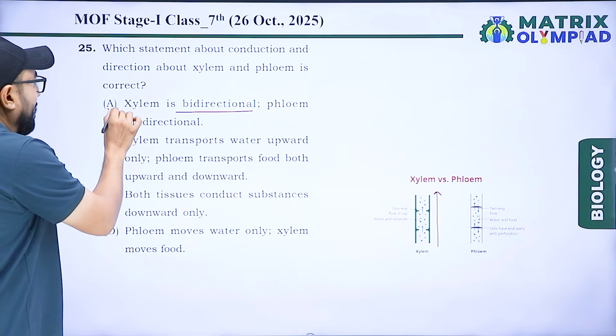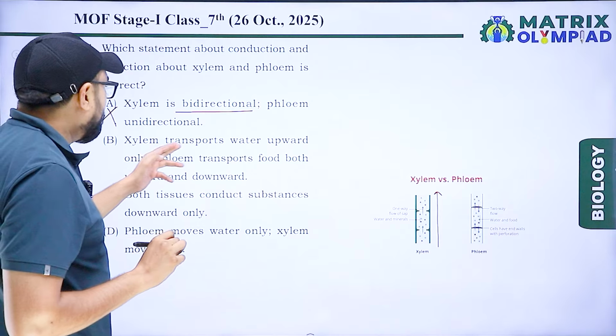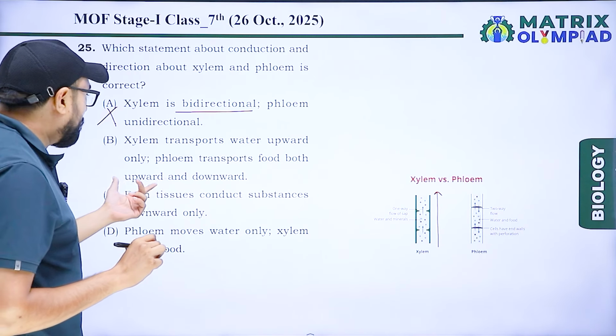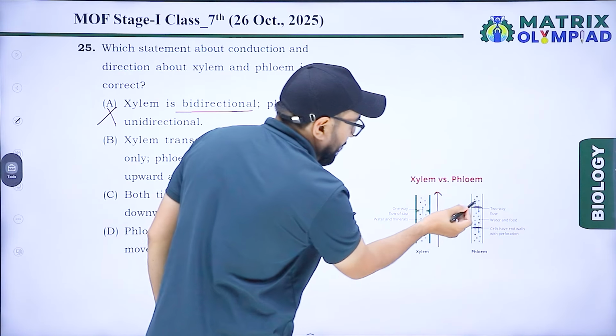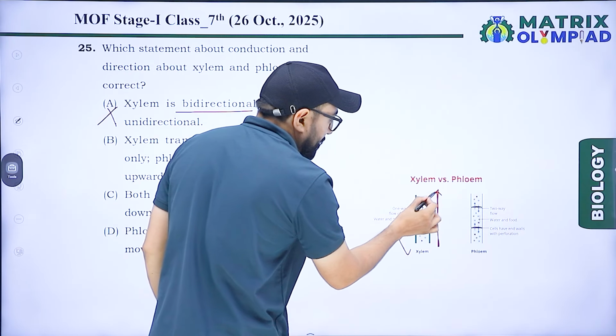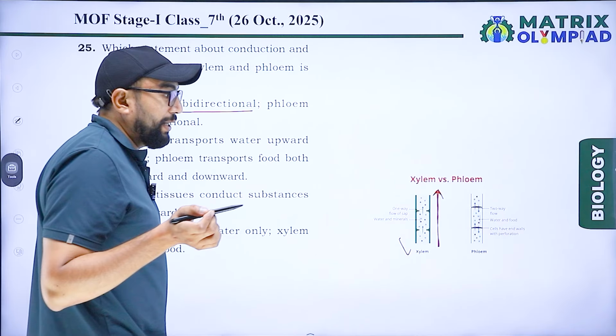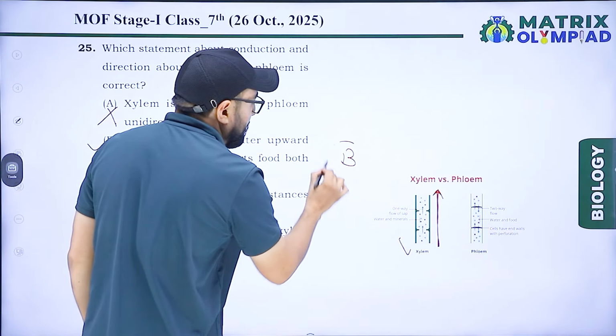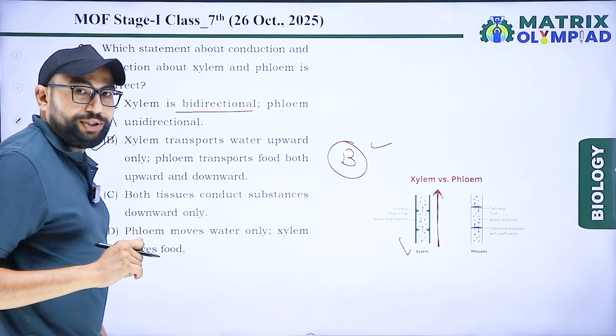So, A is wrong. Xylem transports water upward. Phloem transports food both downward and upward. This shows only unidirectional upward movement of water and minerals. So, option B is the right answer for this question.